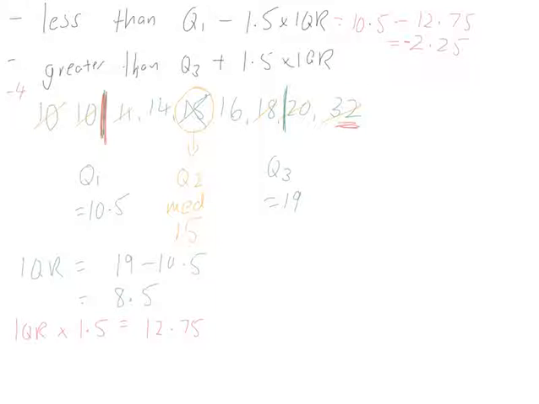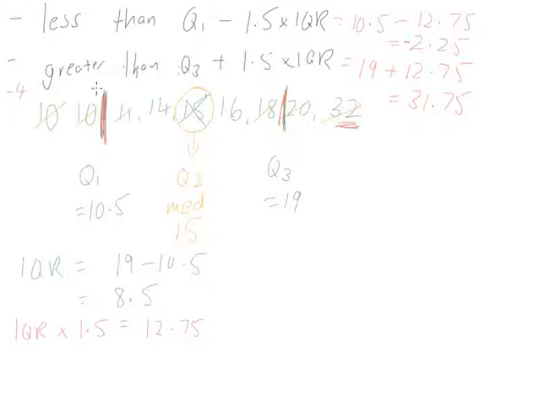My other definition, at the top end of the scale, is Q3 plus 1.5 times the interquartile range. Q3 is 19, plus 1.5 times the interquartile range, which is 12.75. Add those two together and that's going to get me 31.75, I think it is.